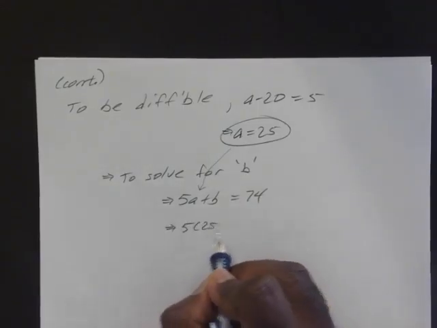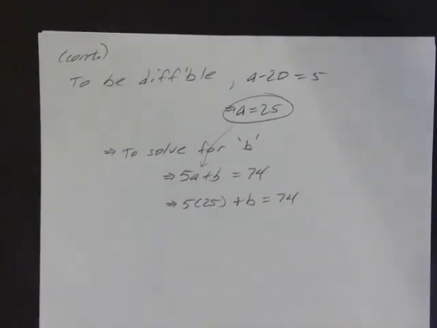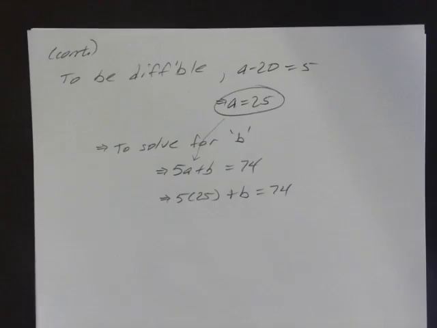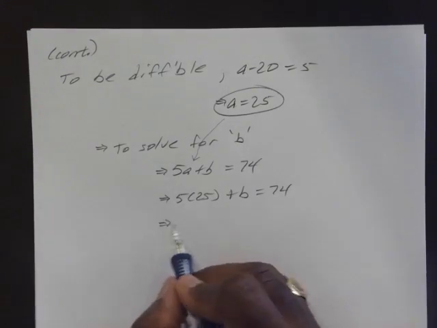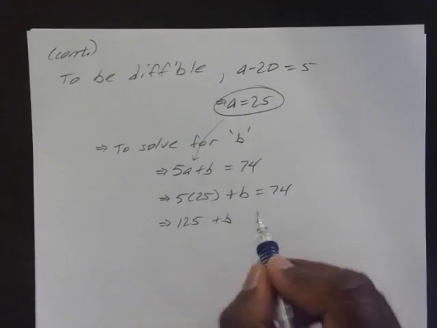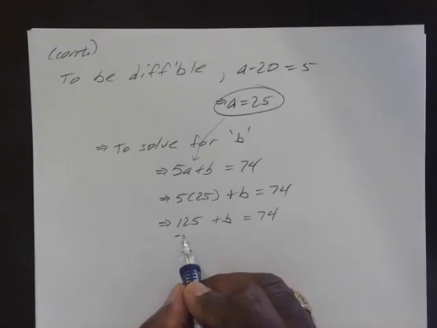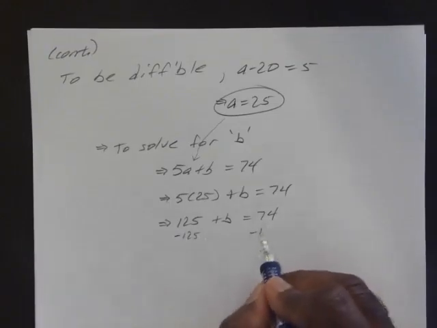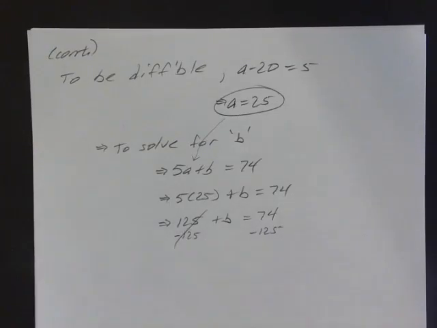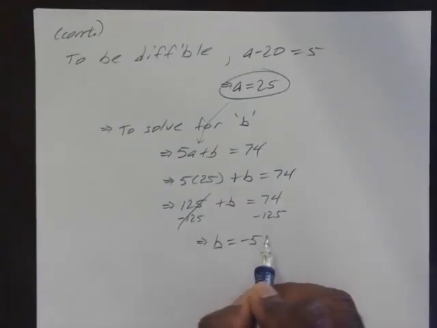So 5 times 25 plus b is equal to 74. So 5 times 25 is 125 plus b equals 74. If we subtract 125 from both sides, b is equal to negative 51.